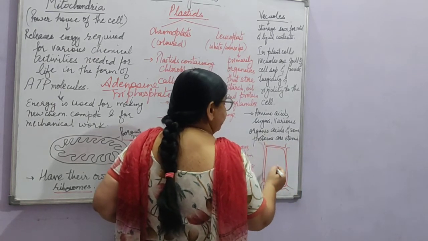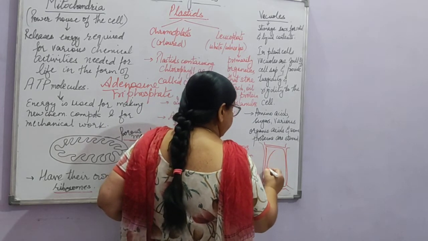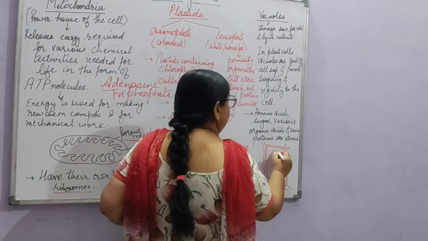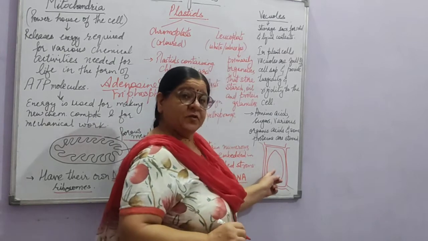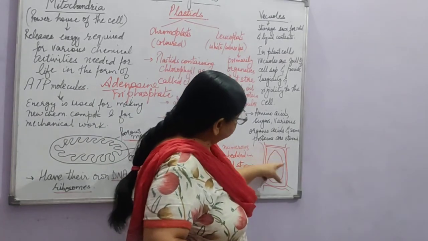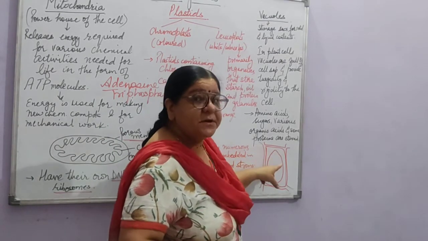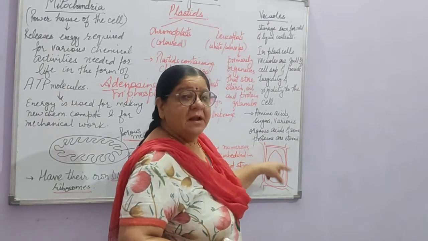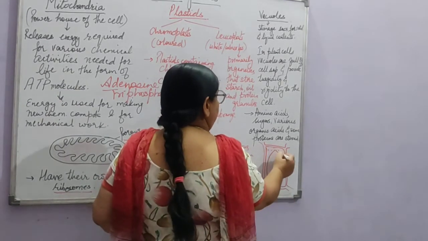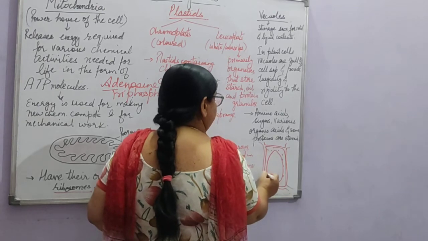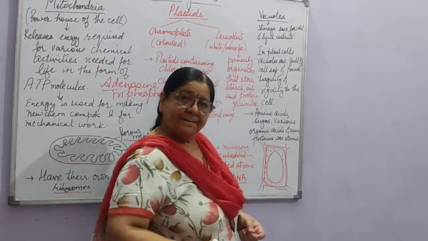Inside this, the vacuole is present, taking almost 50 to 90% of the cell volume. And here all the chloroplasts and the other cell organelles are present.